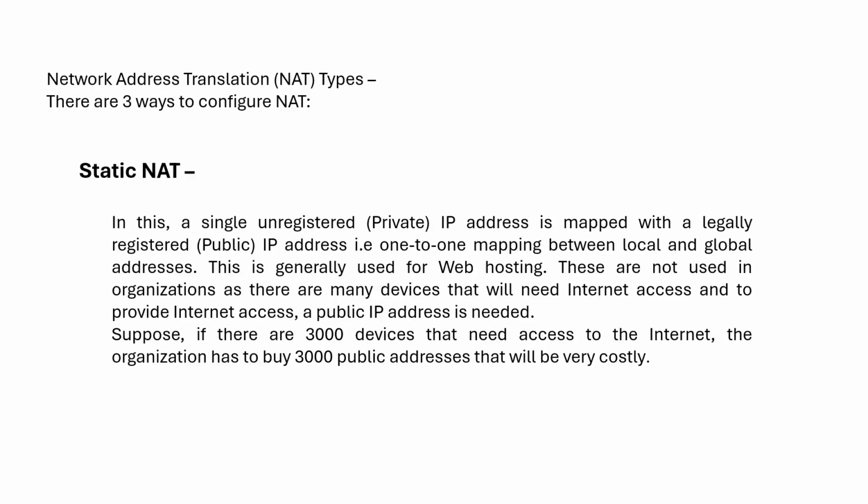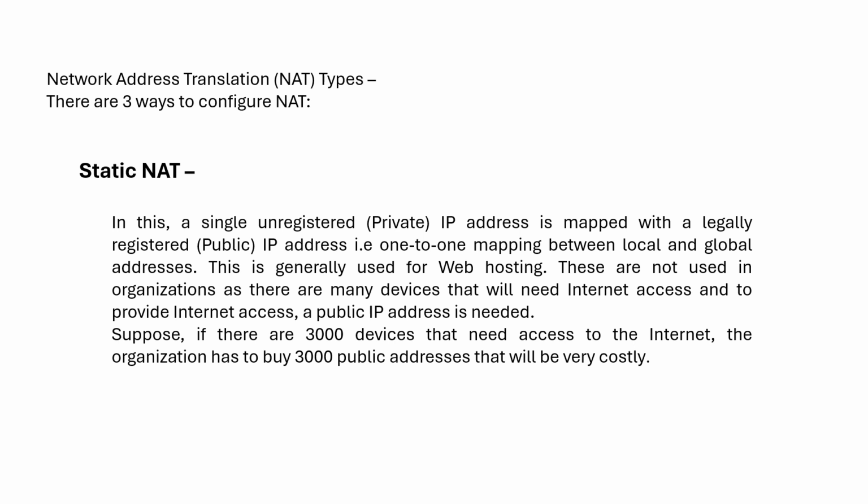There are three ways to configure NAT. The first one is static NAT, then dynamic NAT, and PAT. The first one is static NAT. In static NAT, a single private IP address is mapped to a public IP address, that is, one-to-one mapping between local and global addresses.